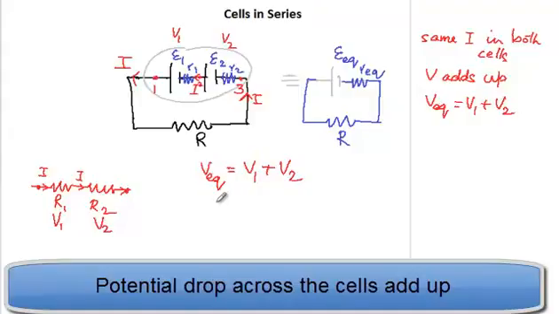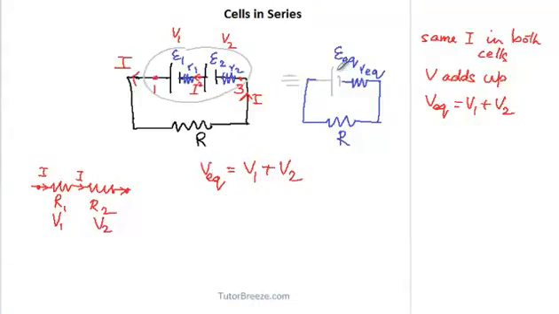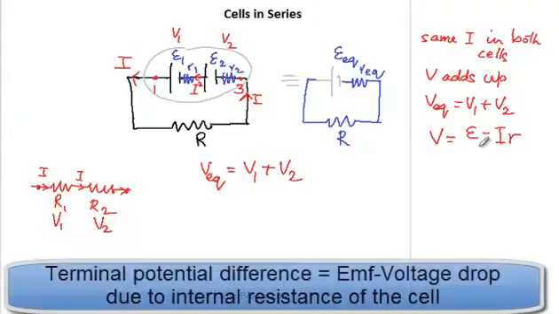Now we want to replace these terminal potential differences with the EMF, since that is what we are looking for. We want to ultimately find the equivalent EMF. Now if you recall, V is equal to E minus IR. I have discussed this concept in the chapter titled EMF and terminal potential difference. So if you want, you can just go back to that lesson, revise it, and then come back and learn this lesson further.